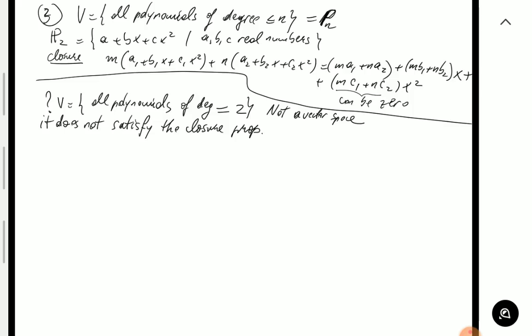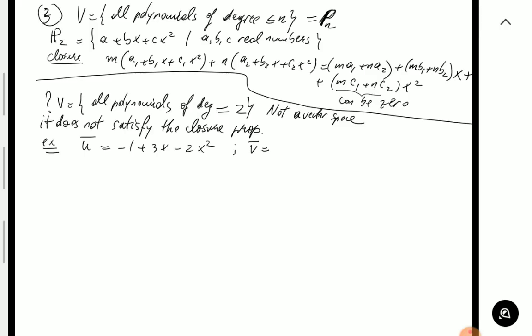So polynomials of degree equal to a specific number are not vector spaces. What is the counterexample? Let's call one polynomial u, equal to minus 1 plus 3x minus 2x squared, chosen so that under addition, or linear combination, the leading coefficient cancels.